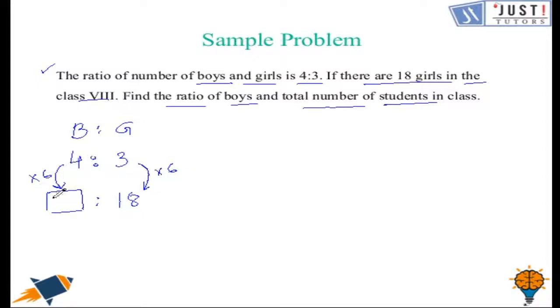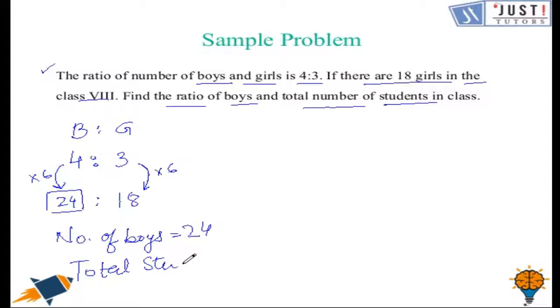So we'll multiply 4 by 6, that will give us 24. So number of boys is 24. Our total students, we will add number of boys and girls, so we will get 24 add 18, that is 42.